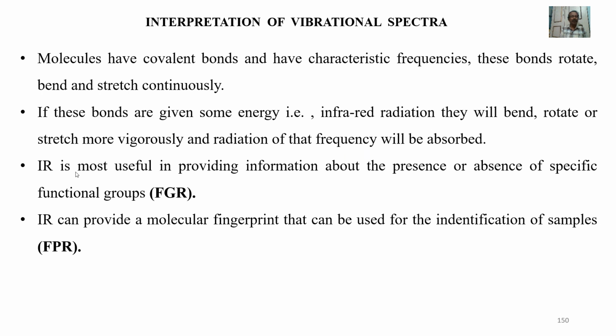IR is the most useful in providing information about the presence or absence of specific functional groups, abbreviated as FGR, which lie in the analytical region and are very useful. IR can provide a molecular fingerprint that can be used for the identification of samples, FTIR, fingerprint.